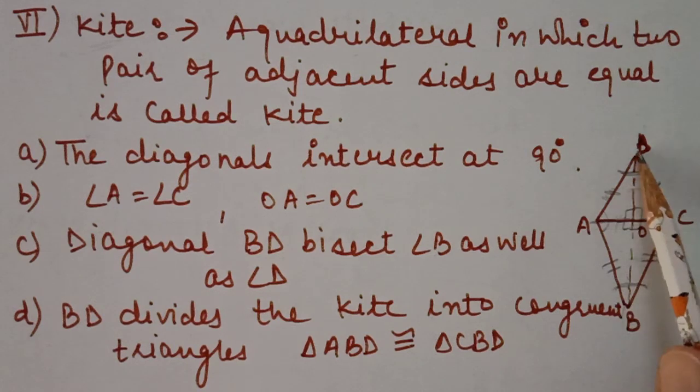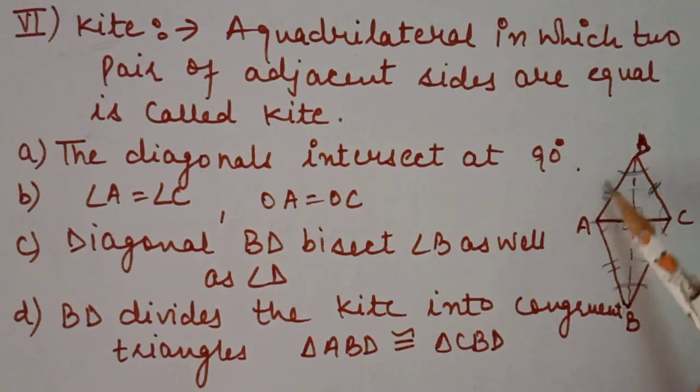First of all, in triangle ABD and triangle CBD, this side is equal to this side, given. This side is equal to this side, given. And DB is common. So by the SSS congruence rule, both triangles are congruent. Yes, it is correct: BD divides the kite into two congruent triangles.